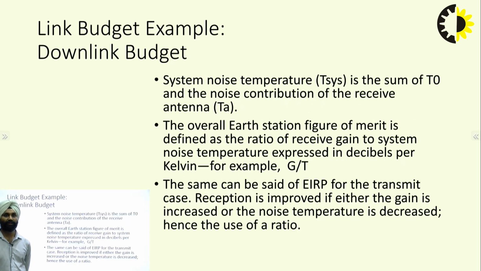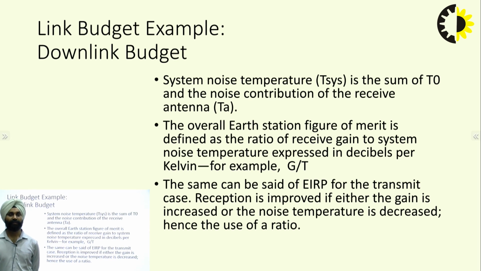The system noise temperature is the sum of the noise temperature and the noise contribution of the receiver antenna. The overall earth station figure of merit is defined as the ratio of received antenna gain to the system noise temperature, expressed in decibels per Kelvin, for example G/T.